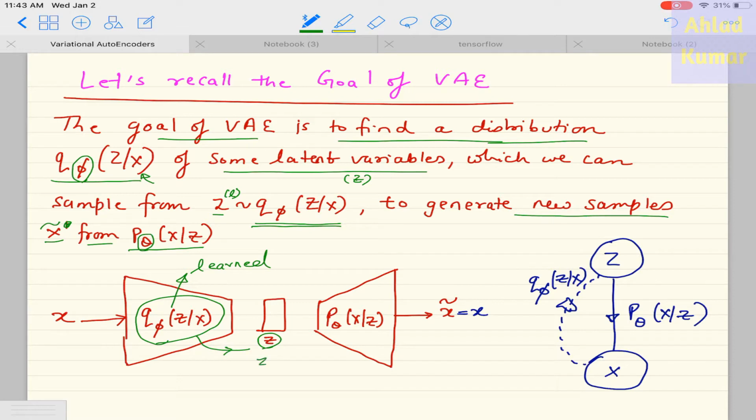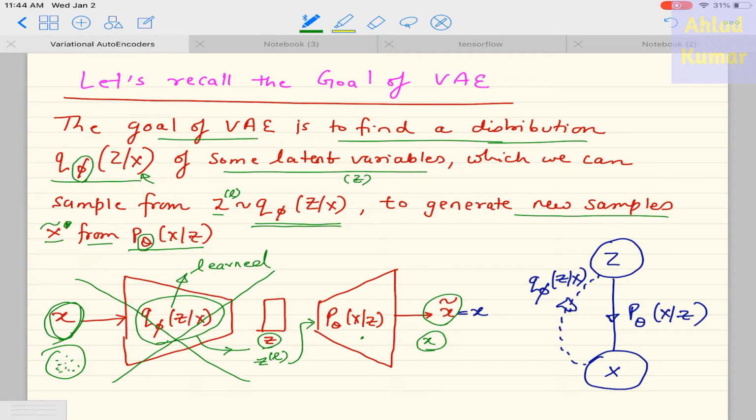Once they are sampled, and let's denote it by z^L, we will remove this network and feed these sampled values into this network, that is p_theta(x|z), so that this network will generate x tilde, the new samples which are not available in the data set. If this sample is from a particular data set, the new sample will belong to the same family but will not be in the same data set.